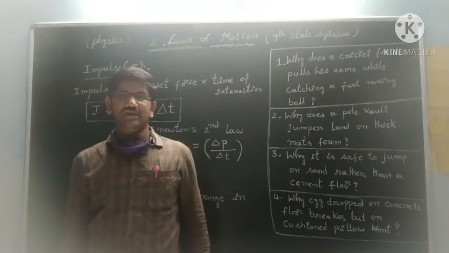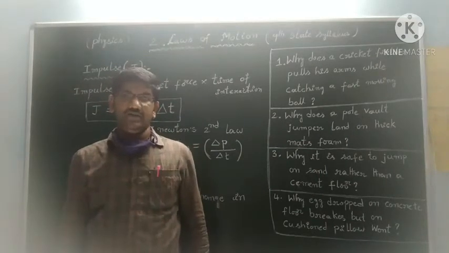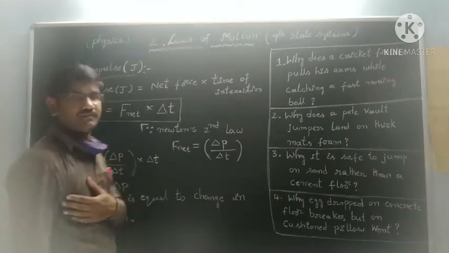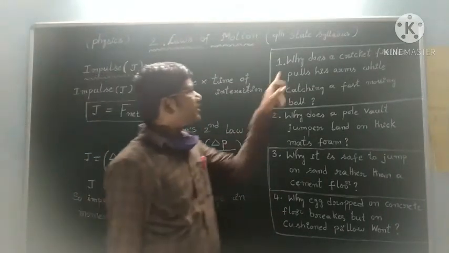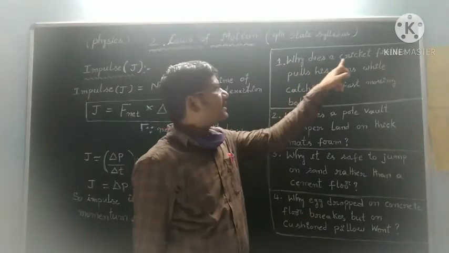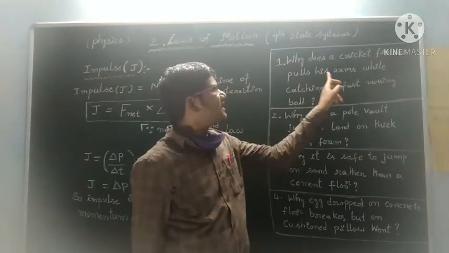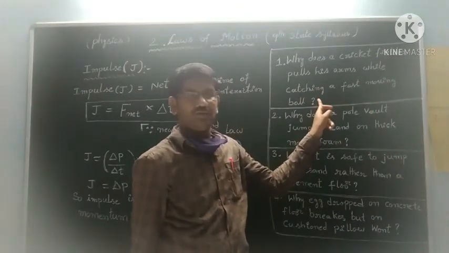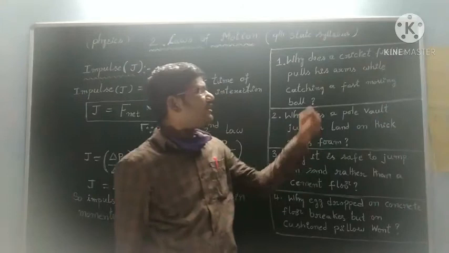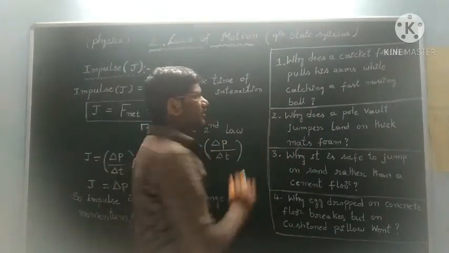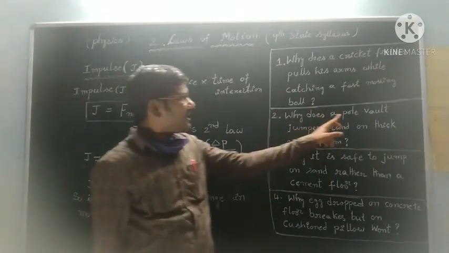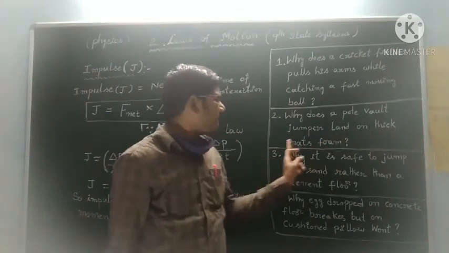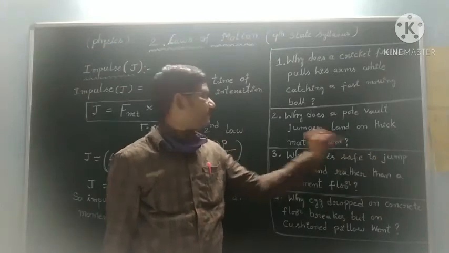Again we are going to learn a very interesting concept in laws of motion. See children, why does a cricket fielder pull his arms back while catching a fast moving cricket ball? Or why does a pole vault jumper land on thick mats of foam?